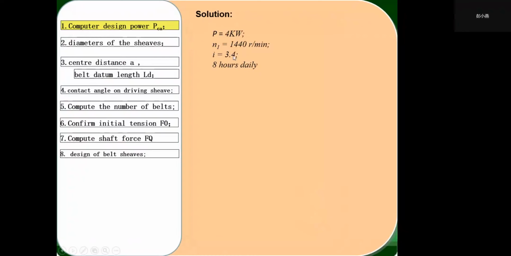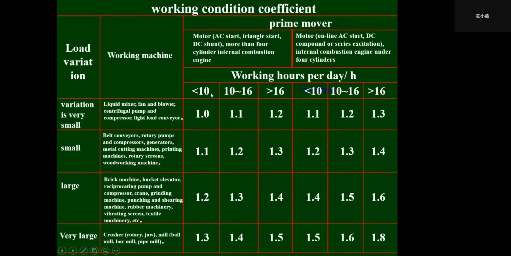This is what we have learned. Then, to compute design power PCA, we should select KA, because PCA is KA times P. KA is for a belt conveyor, and it works 8 hours daily.